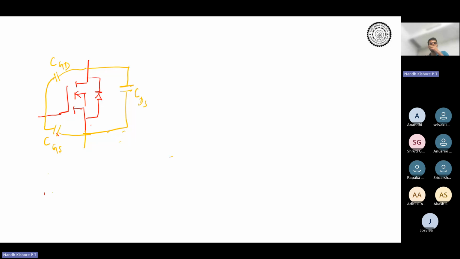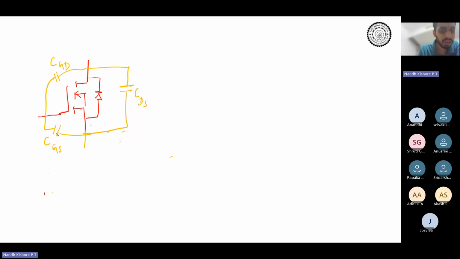So why are these capacitances formed? What happens inside a semiconductor device? When you turn it on, a channel gets formed. And when you turn the device off, or when you remove the gate pulses, there is going to be a depletion region. So what is a depletion region?